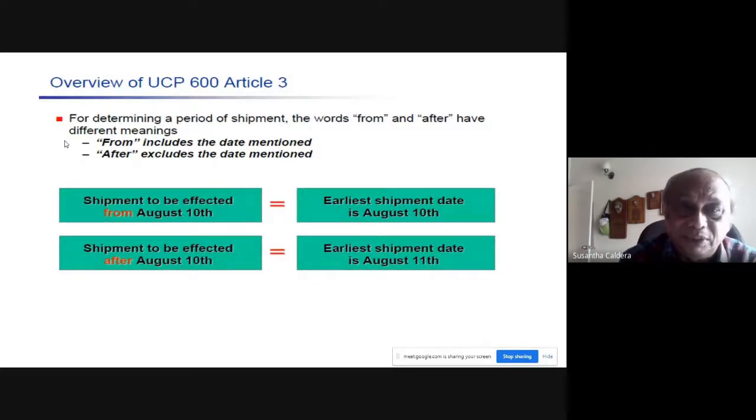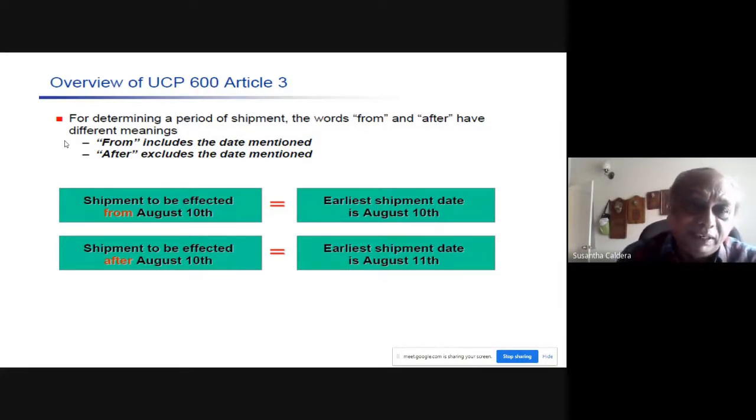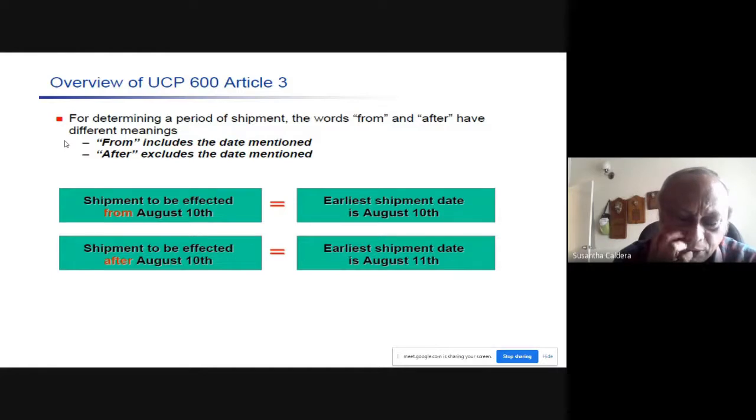From includes the date mentioned, so we start counting from the 10th. Now, shipment to be effected after August 10th. Then the earliest shipment date is August 11th. Any questions on this?